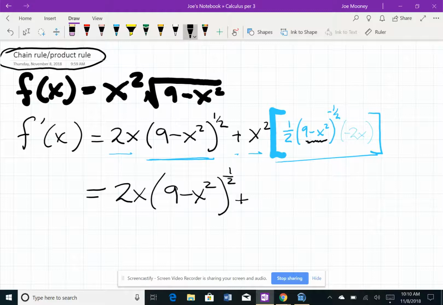So I'm going to do it in one step. I got x squared times x, which is x cubed. And I got 1/2 of negative 2. So that means I've got negative x cubed times 9 minus x squared to the negative 1/2 power.